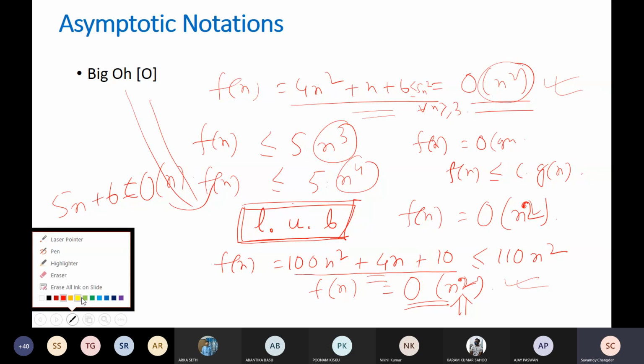Now, next, just like the least upper bound, we can find the greatest lower bound for any given polynomial.